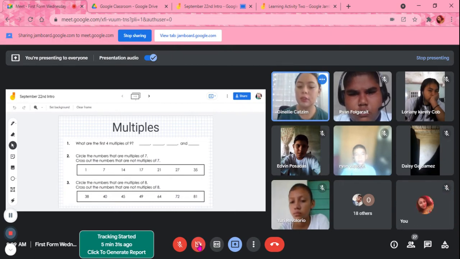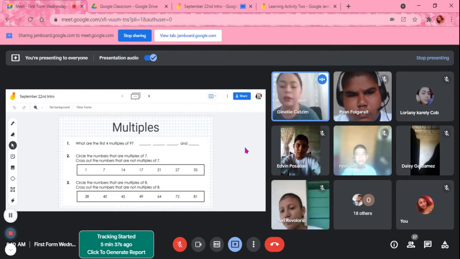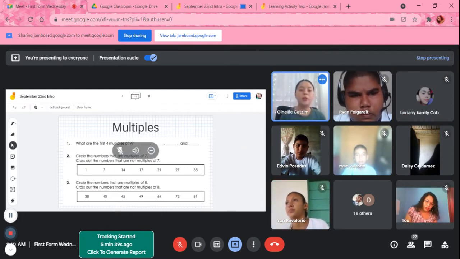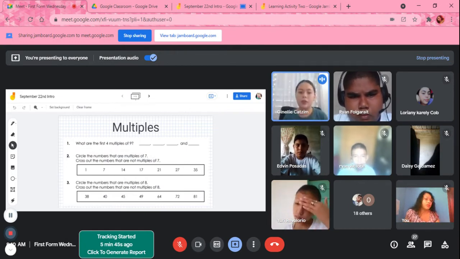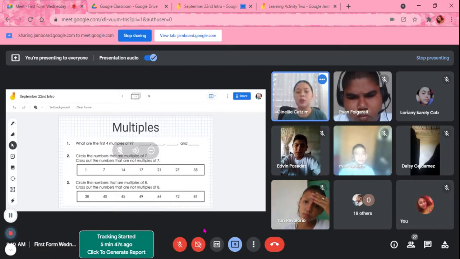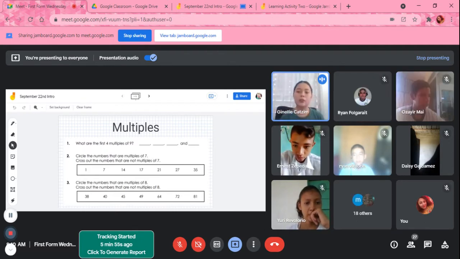So I was mentioning to you that there's a difference between factors and multiples, right? So we have a short activity here where we are listing the multiples. We are listing the first four multiples of 9. That means that we will multiply 9 by another number to get the multiple, right?